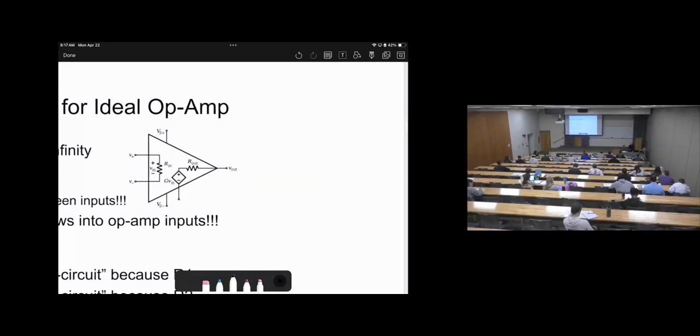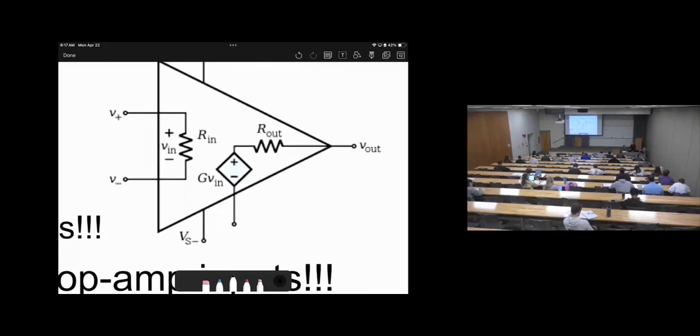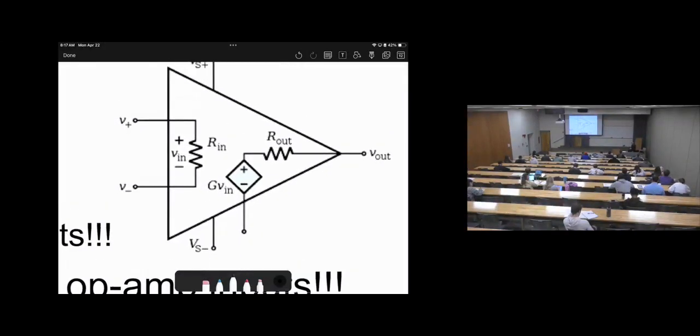Some textbooks model these transistors and resistors as an equivalent circuit, like a resistor and a resistor with a voltage source. This voltage source comes as a rectangle. We haven't discussed this; it's called a dependent voltage source, a voltage-dependent voltage source. This is a more advanced topic, so this module will not include it.